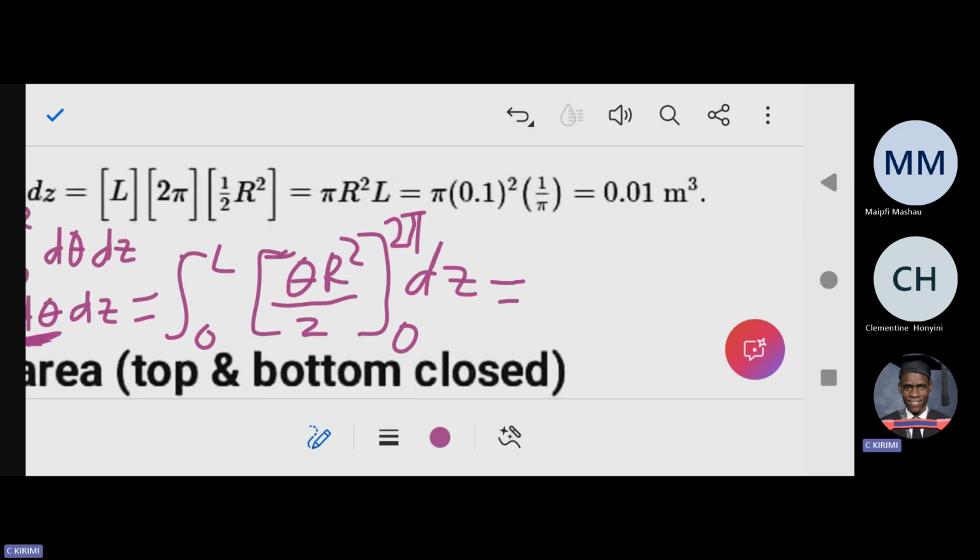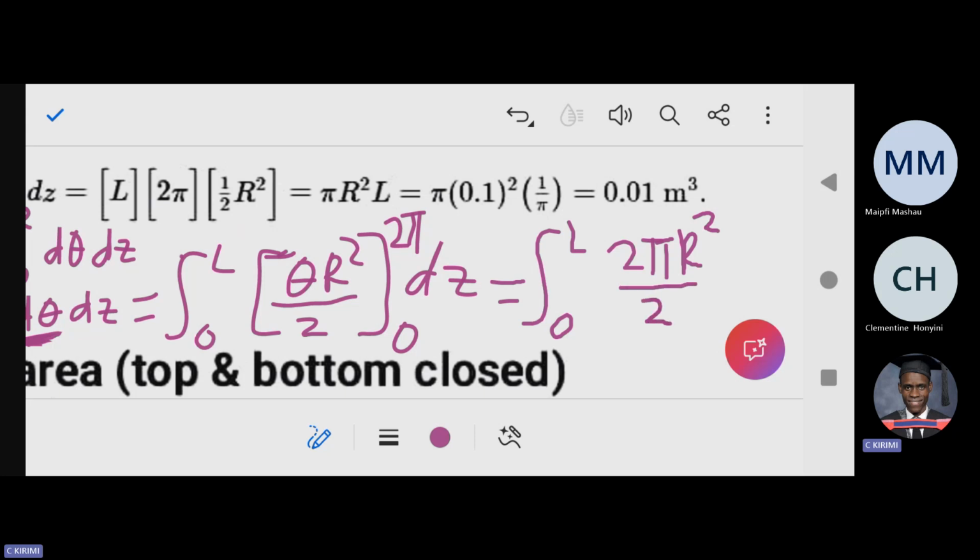It becomes what now? From here, what am I going to write? So it's the integral from 0 to L of 2 pi. Where there is theta, I replace theta with 2 pi. That's what it means. With the 2 pi r squared. Where there is theta, I'm replacing with 2 pi. R squared over 2 was already there.